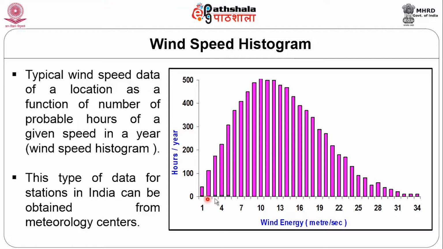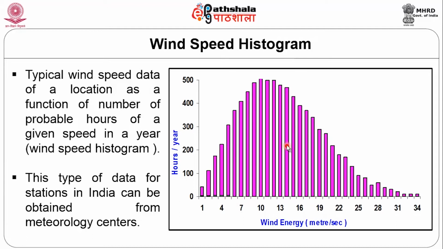If it is less than 4 meters per second, the turbine cannot be operated. That is the minimum cut-in speed, about 4 meters per second. In the same way, above 17 meters per second is the cut-off, so after that it may not be useful, and only from 4 to 17 is the very good region.